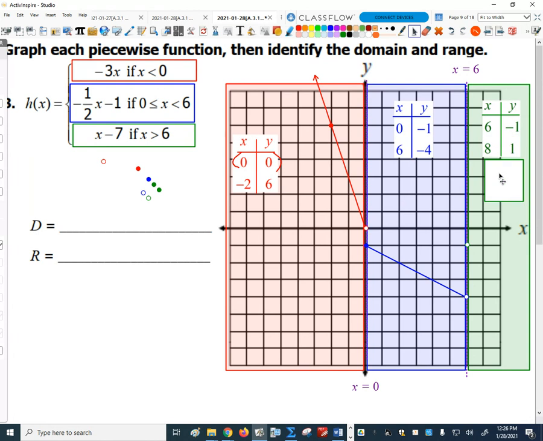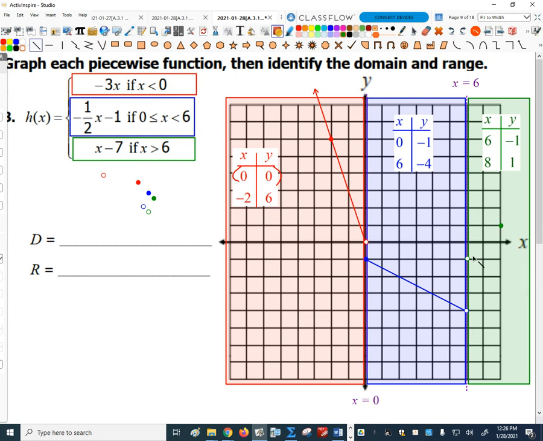Let's pick 8. So if I pick 8, I get 8 minus 7 is 1. I could have picked 7. I could have picked 9. 8's a good one, though. So now I get a point over 8 and up 1. And now all I got to do is build my ray by connecting. There it is. Okay, so there's my graph.